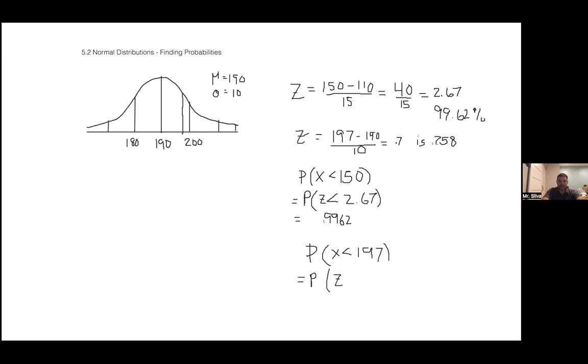Then I need to translate that into a percentile. Don't confuse z-score and percentile. They are different things. That looks like a percentile, but it's a z-score. So that equals 0.758, or the 75th percentile.